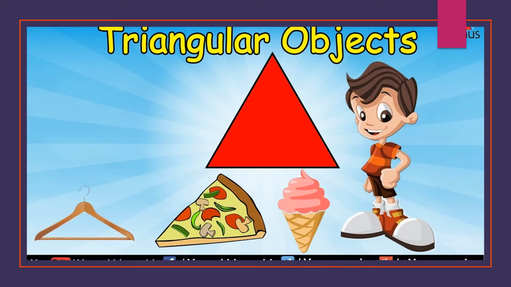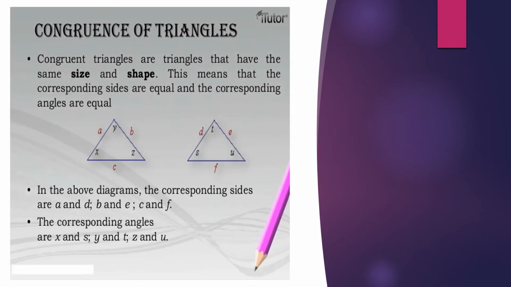Now come to the next topic, that is congruence of triangles. Now you will think, what is congruence? You must have observed that two copies of your photographs of the same size are identical. Similarly, two bangles of the same size, two ATM cards issued by the same bank are also identical.